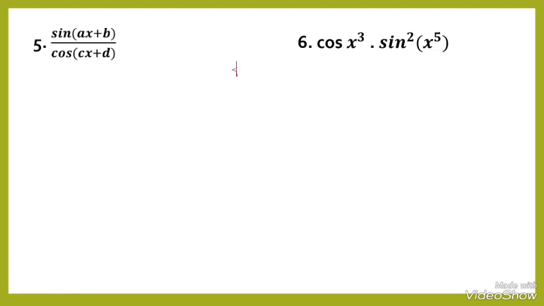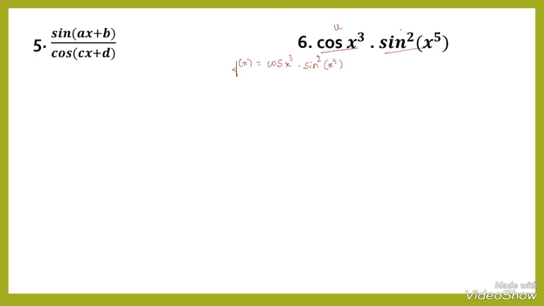Here the function f of x is equal to cos of x cube into sine square x to the power 5. Now I will take cos of x cube as the u function.